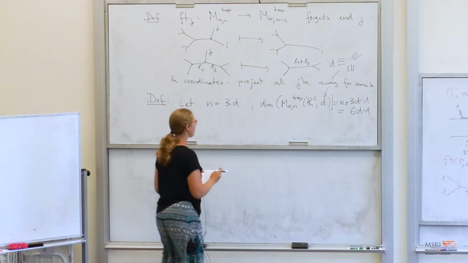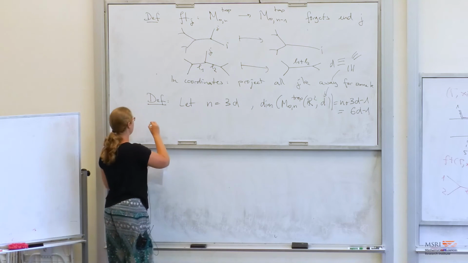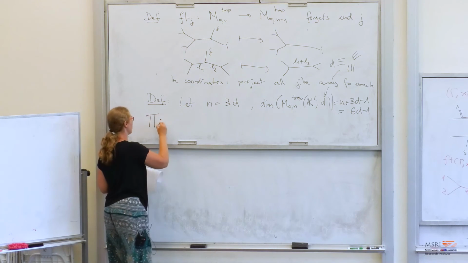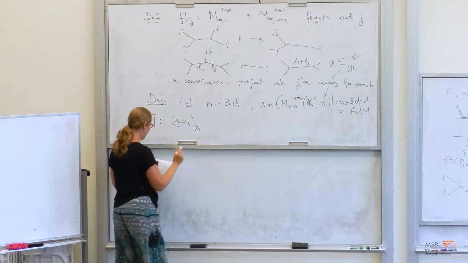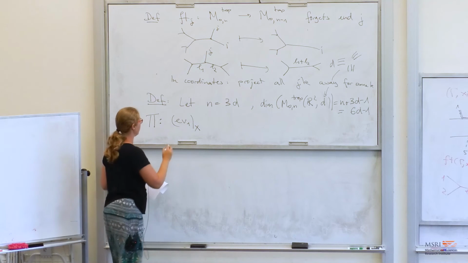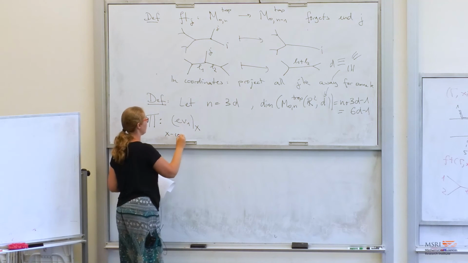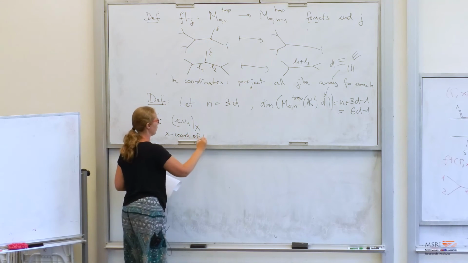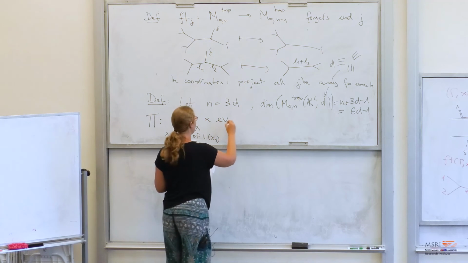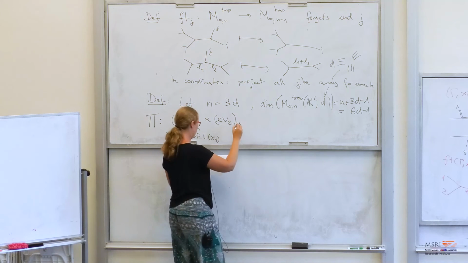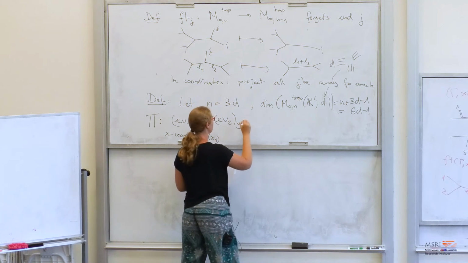Okay. Now I'm going to define a fantastic map, which is called pi. And what it does, it evaluates the x-coordinate of h of x1. Then it evaluates the y-coordinate of h of x2.